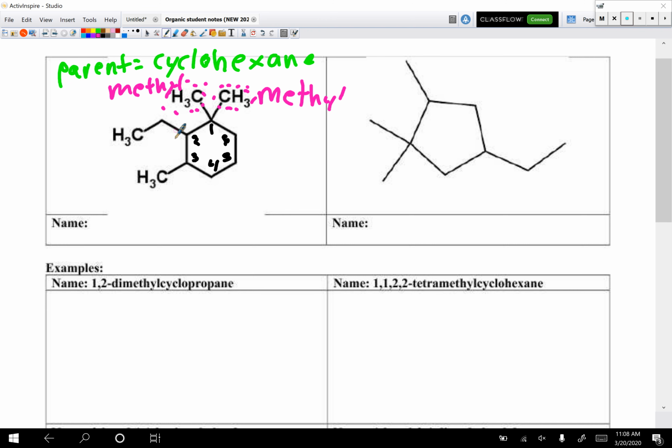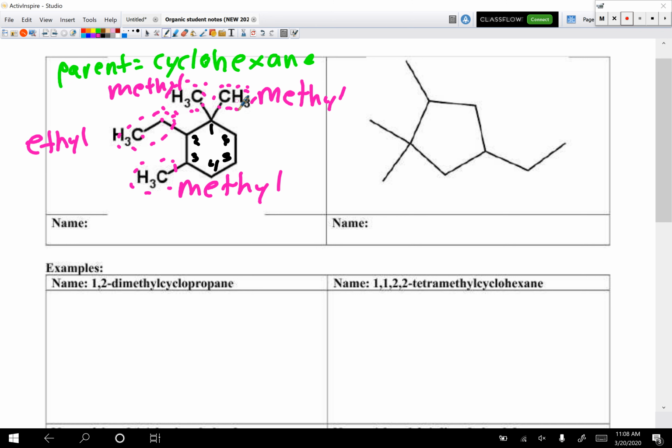This one right here, we notice that we have 1, 2 carbons connected in a row, so this is ethyl, and then down here we have methyl. So just notice the difference: we have our 2 methyls up here at carbon 1 and how that looks, or the difference between 2 methyls up here and then an ethyl, right? An ethyl is 2 carbons connected one after the other. These are just 2 methyl groups off the same carbon.